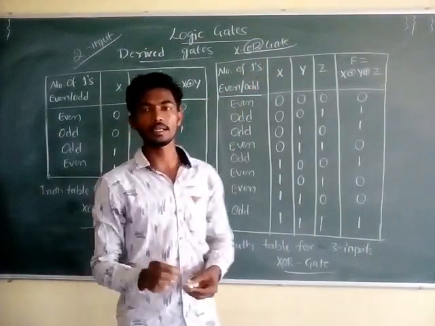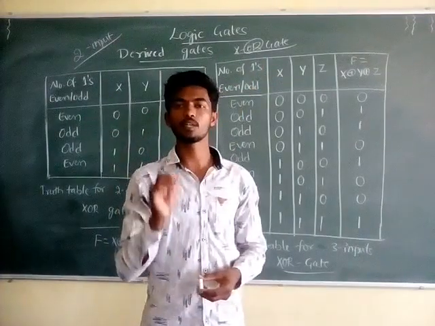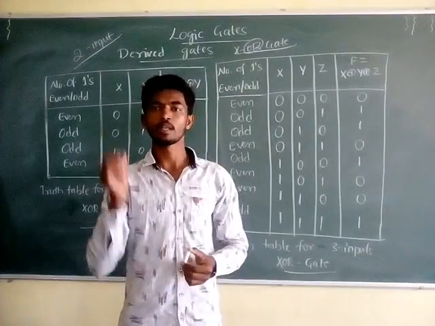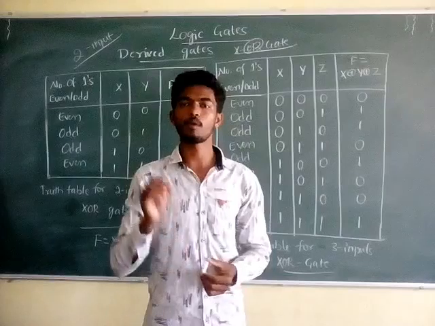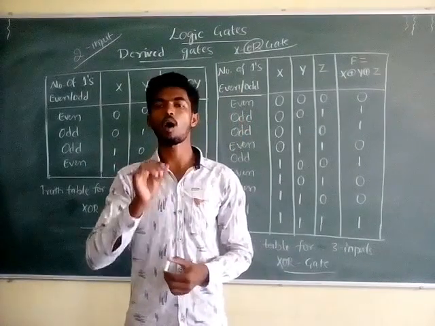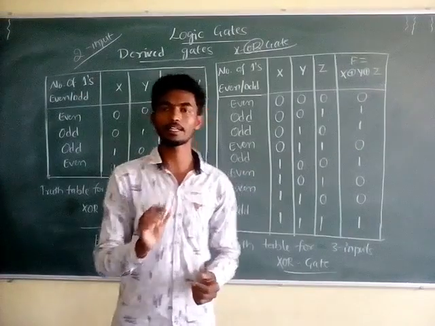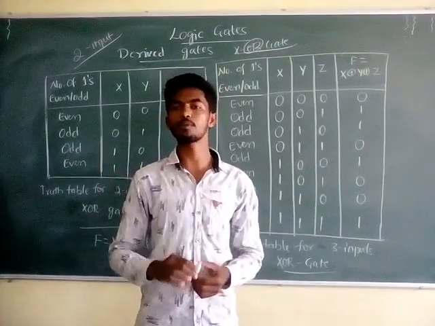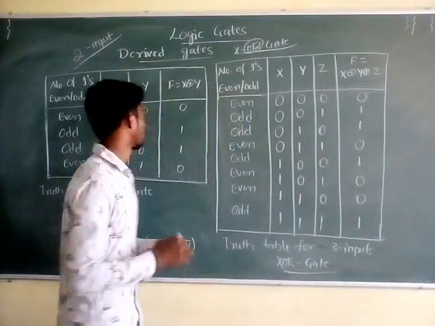In an OR gate, if any one of the inputs is high, the output will automatically be high. Only when all the input combinations are low, or zero, does the OR gate produce a low, or zero, output.